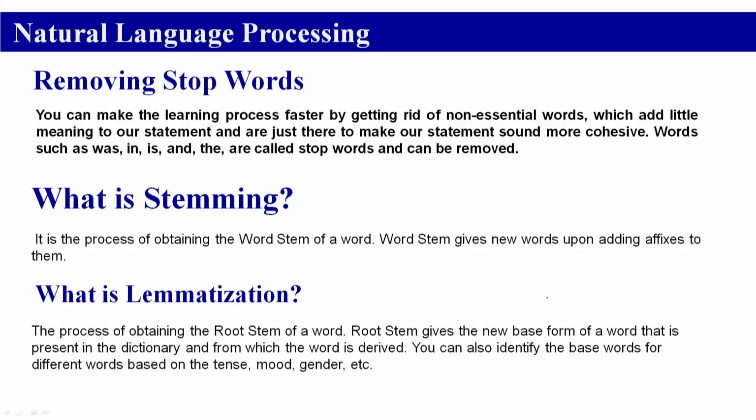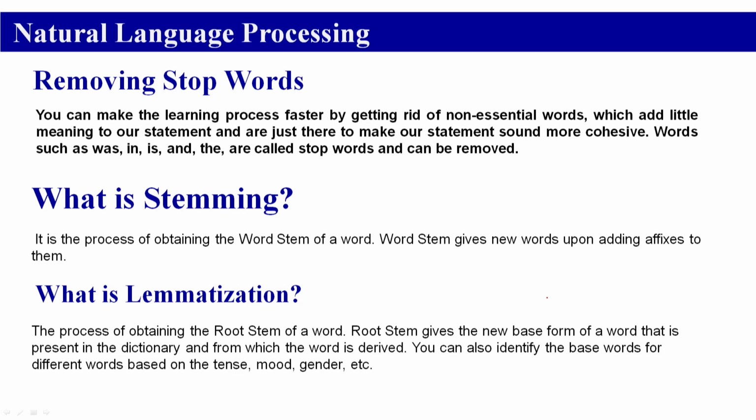You can also do lemmatization. What is that? The process of obtaining the root stem of a word is called lemmatization. The root stem gives the basic form of the word that is present in the dictionary, and then we can verify how it is derived, right? For a difficult word, we go back to the root stem and then find out the meaning in the dictionary.